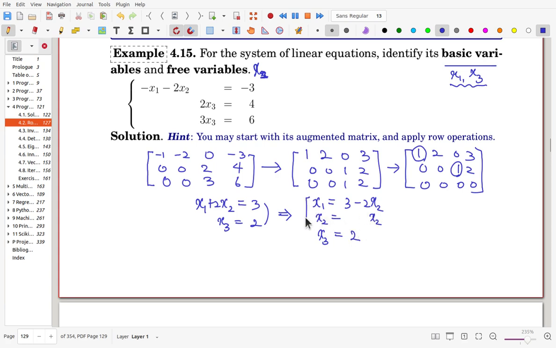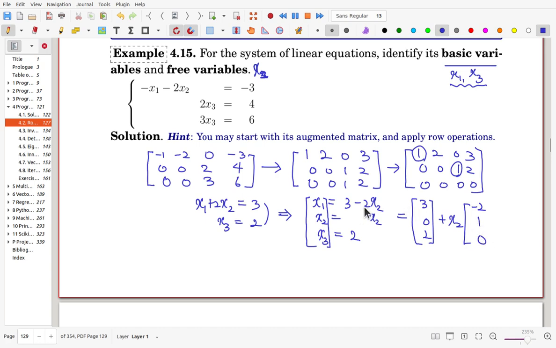Then for this vector x1, x2, x3, we can write the right side in this way. That is the vector 3, 0, 2, plus x2 times the vector with coefficients minus 2, 1, and 0.